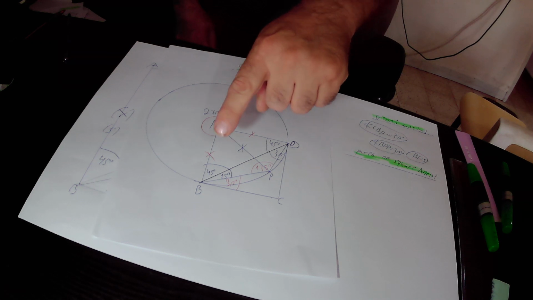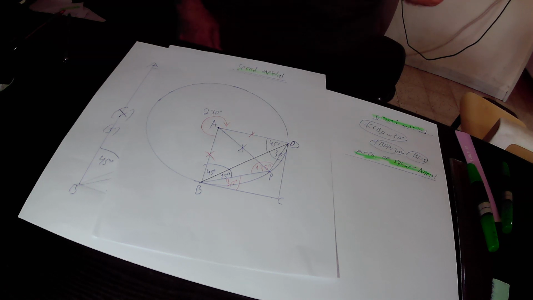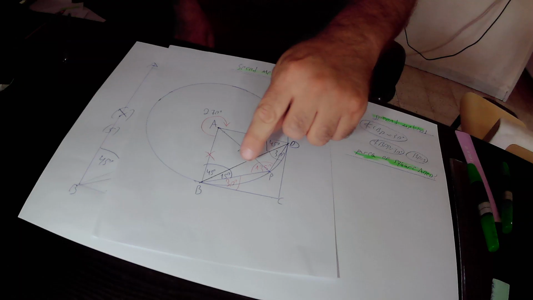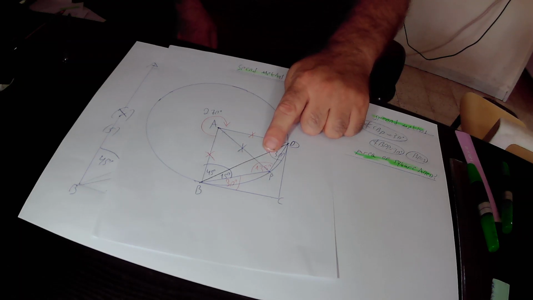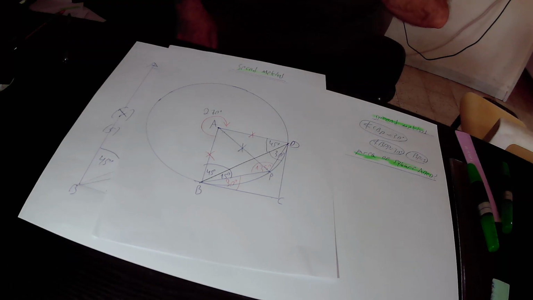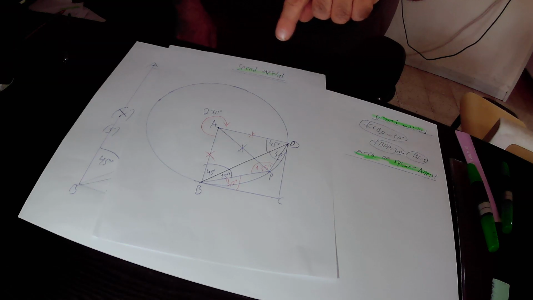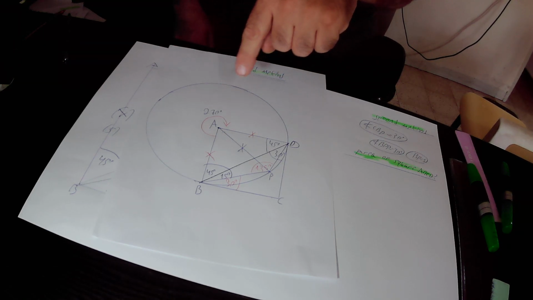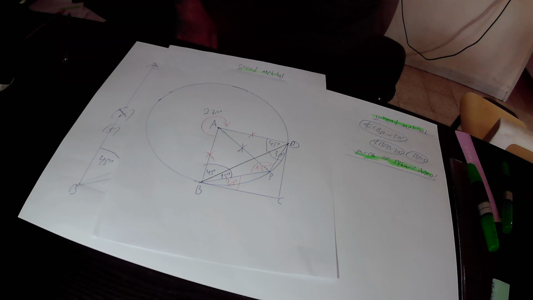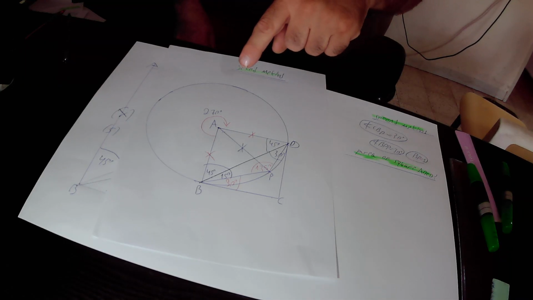Center angle DAB equals 270 degrees in size. This is angle DBP, which is equal to 135 degrees in size, according to what we already found out. Angle DBP subtends chord DB, exactly like the center angle.